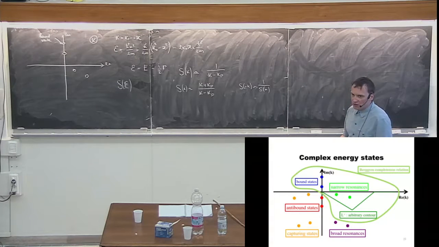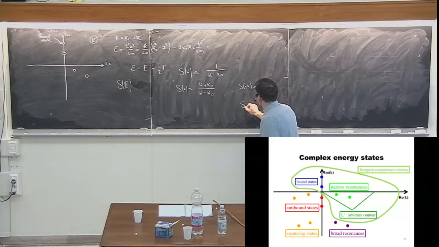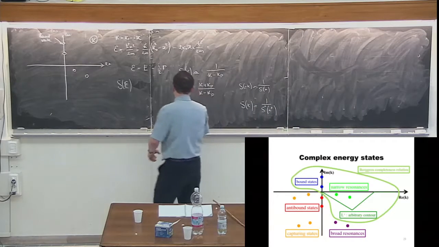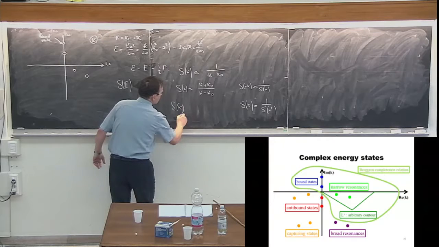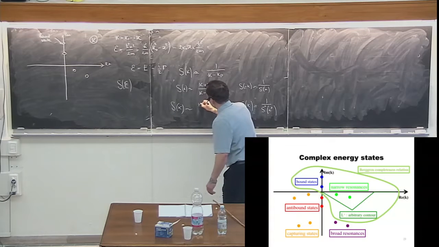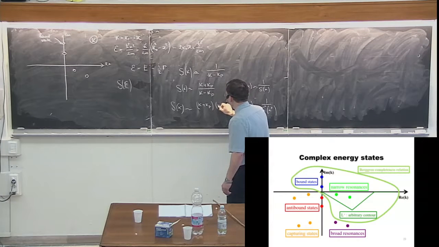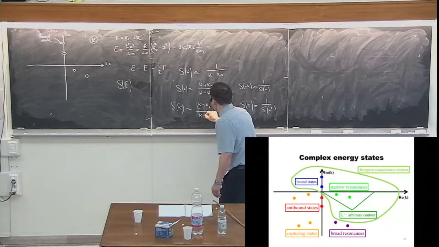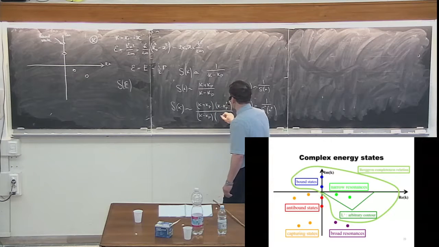Okay, so then there is another condition, that S of K equals 1 over S star of K star. So therefore, of course, I have to do even more. I have to say that S is proportional to K plus K pole, then I have to take star of that, K minus K pole star divided by K minus K pole multiplied by K plus K pole star.